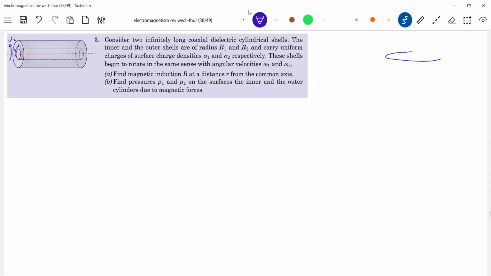If this is the charged cylindrical shell, a long charged cylindrical shell, I need not show that long, fine. The charge will be spread on the surface of it.